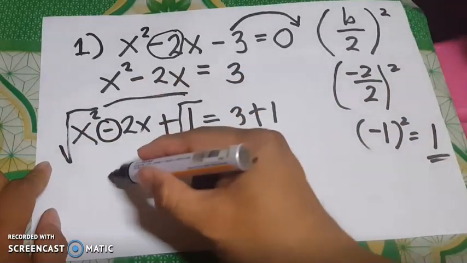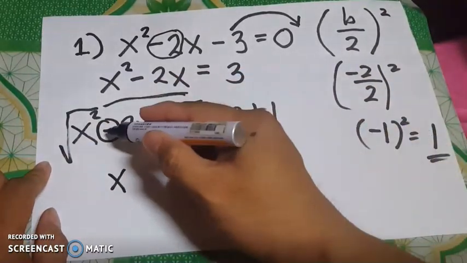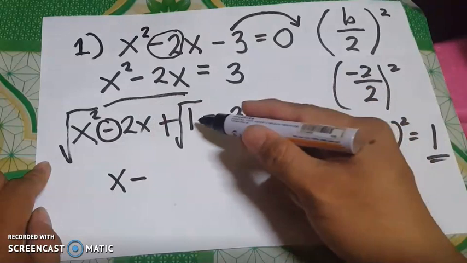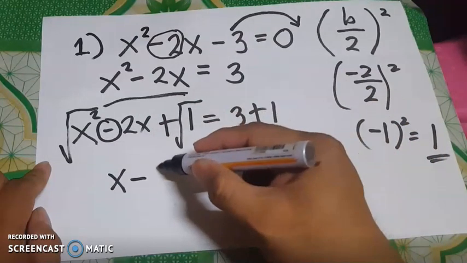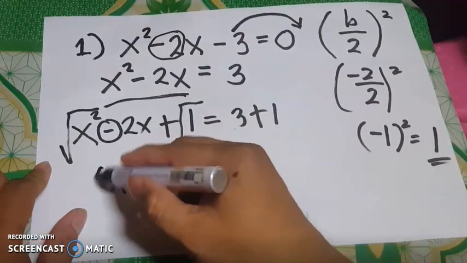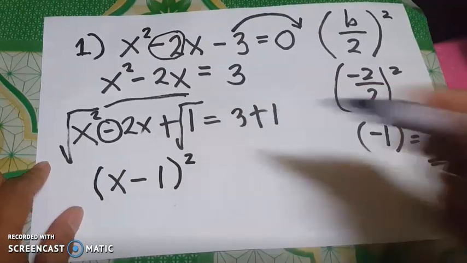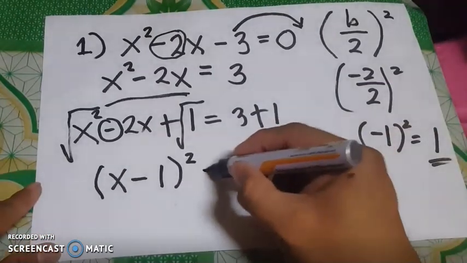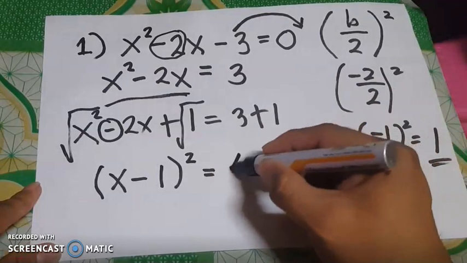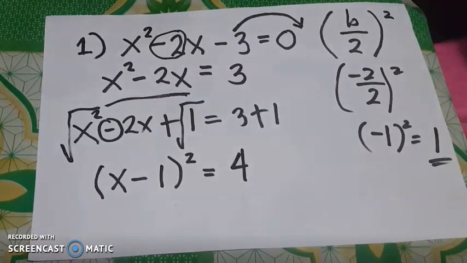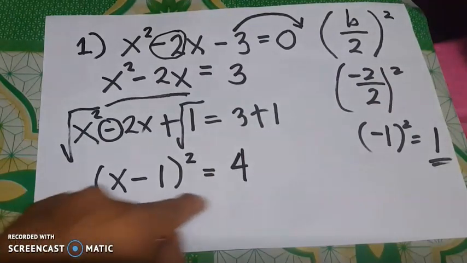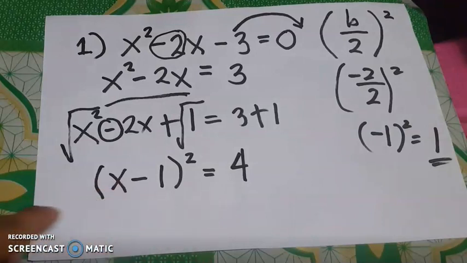So square root of x squared is x. The operation of the middle is minus. The square root of 1 is 1. Then quantity squared. Then it will be equal to 3 plus 1. That would be 4. Then since we are already in this form of the equation, natatandaan ba yung nag-solve tayo ng extracting the roots?